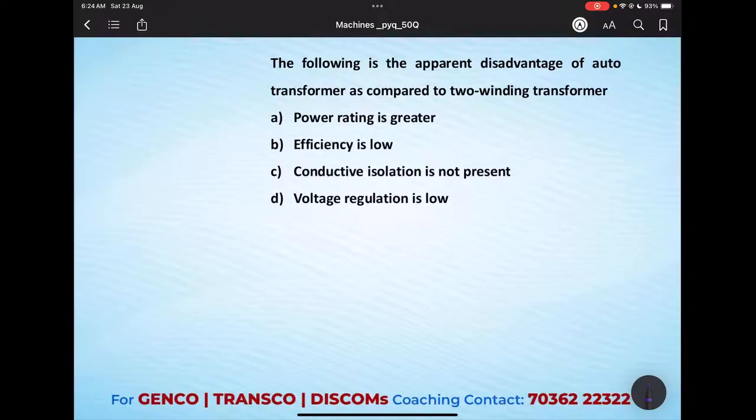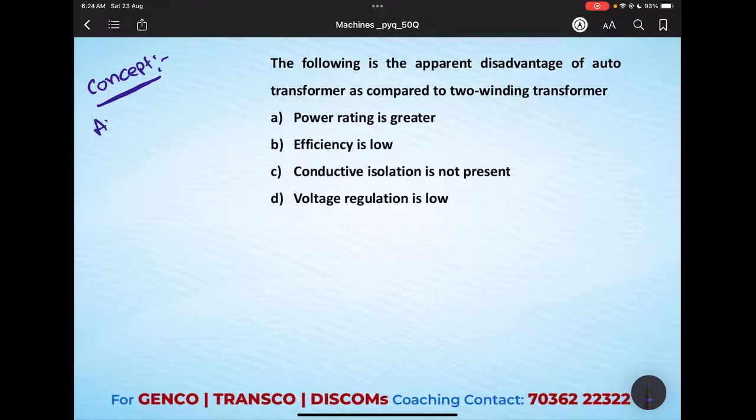The next question is about the following: what is the apparent disadvantage of an auto transformer as compared to a two winding transformer. They are asking about comparison. First of all we need to identify the concept. Our approach is to first identify the concept on which they are asking.